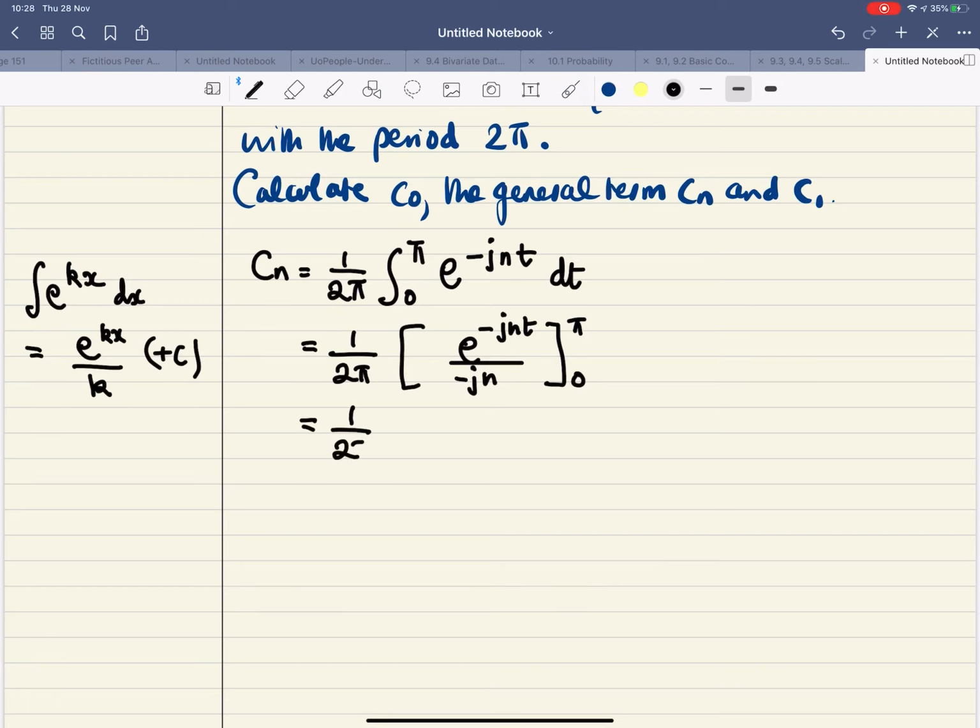So it's 1 over 2 pi, e to the minus j n pi divided by minus j n, then minus 1 over 2 pi e to the 0 over minus j n.